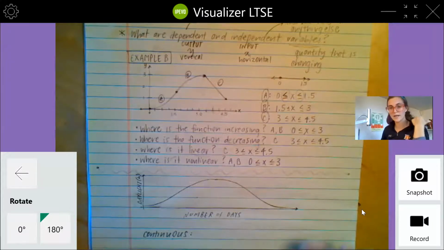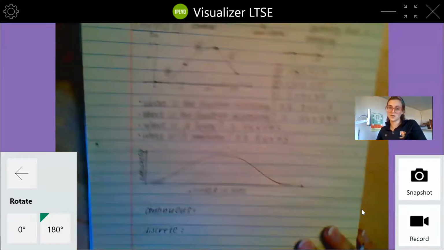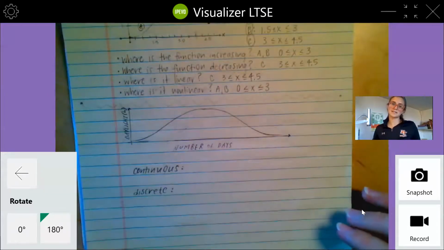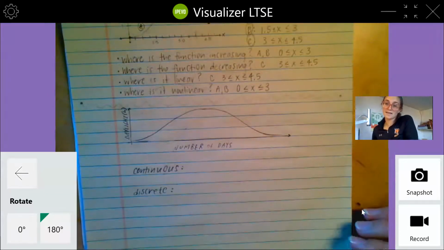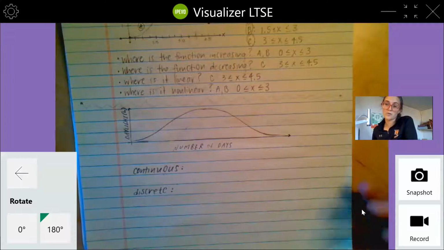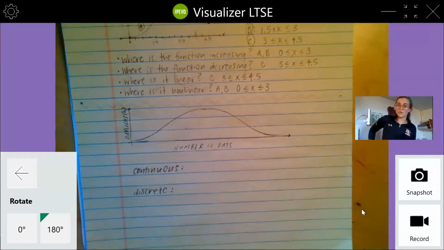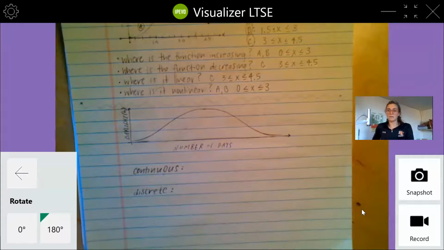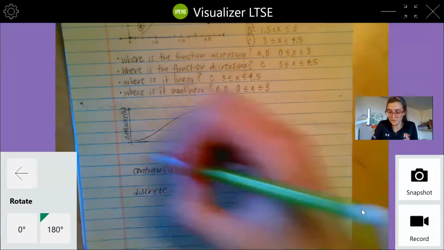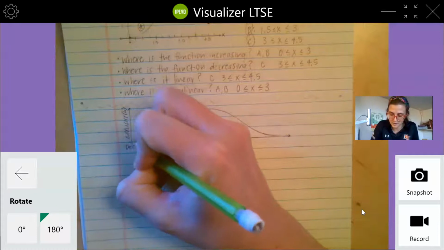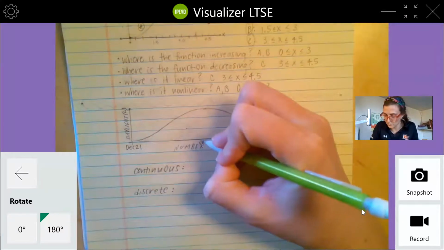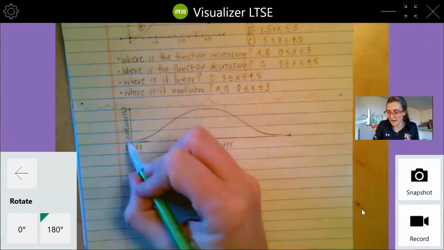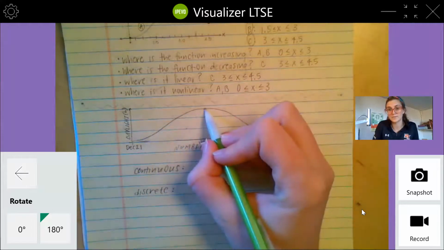Now let's take a look at this graph down here. This graph represents daylight hours throughout the year. So in the northern hemisphere, from the winter solstice until the summer solstice, so that's from December 21st to June 21st, daylight hours increase.